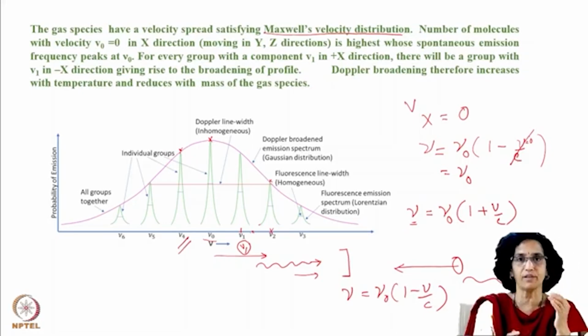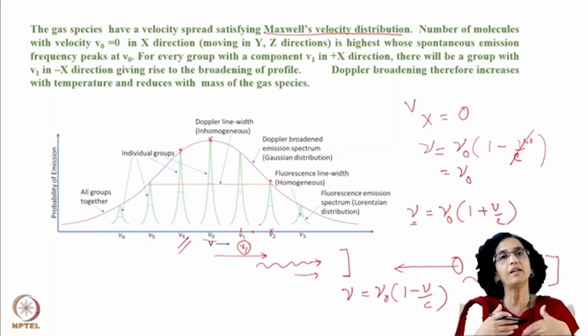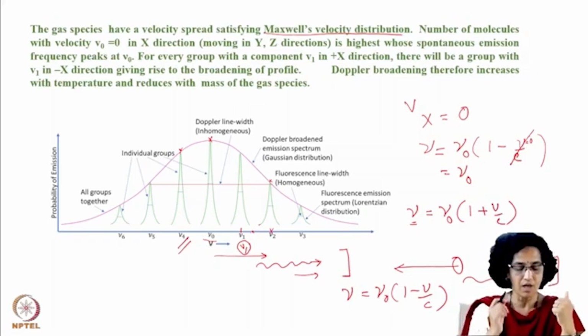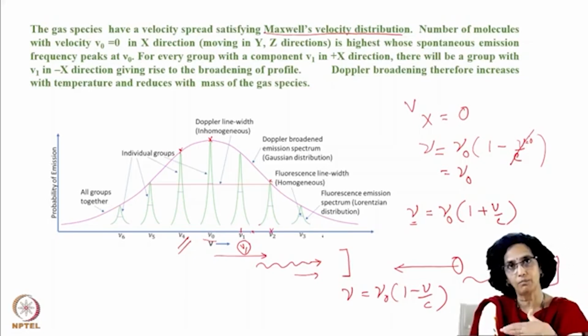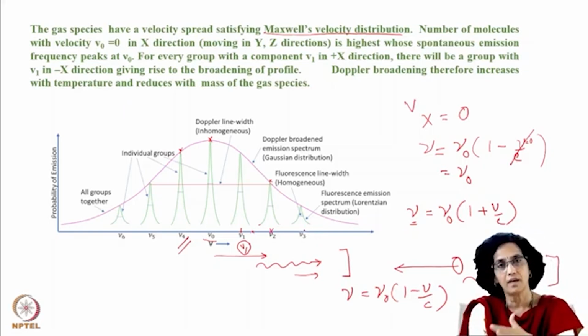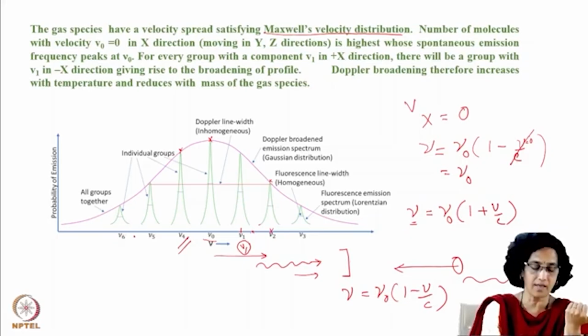Therefore, when you have this kind of an ensemble and you collect all the photons emitted through fluorescence, you will see that the frequency is not just nu 0, but extends on the higher frequency side, which is blue shifting, and also on the lower frequency side, which is red shifting.